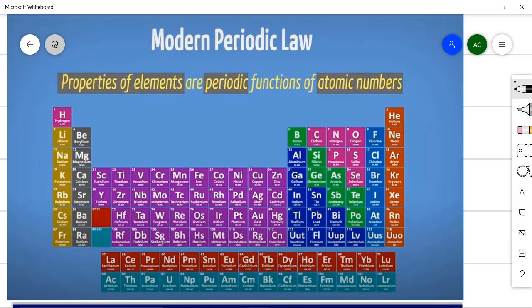Now in group third B, that is group number 3, of the sixth period. Here this is third, and this is the sixth period. This is the sixth period here and this is the third group.